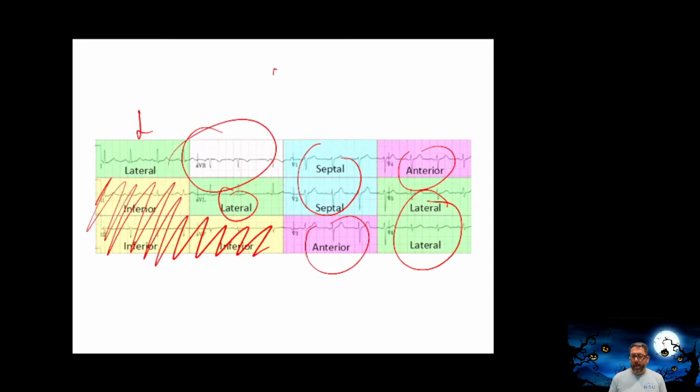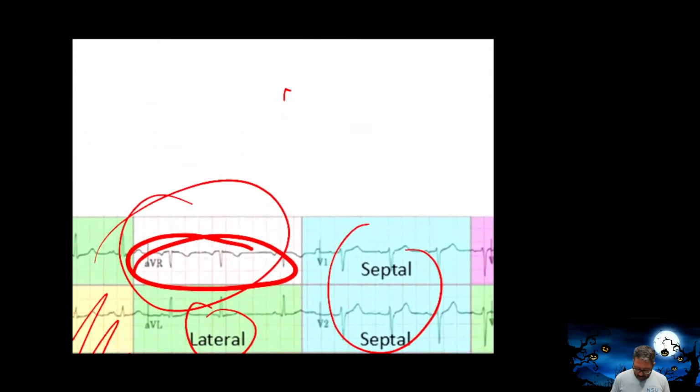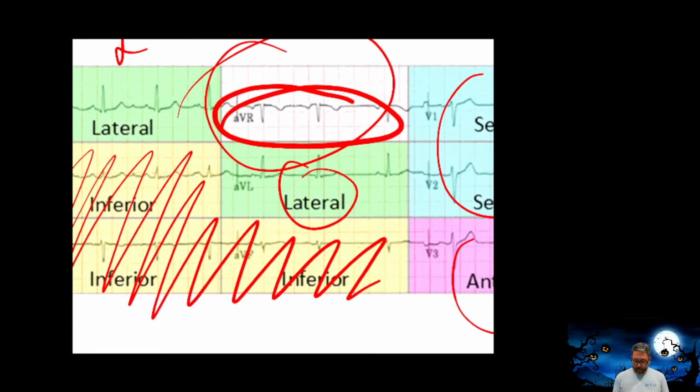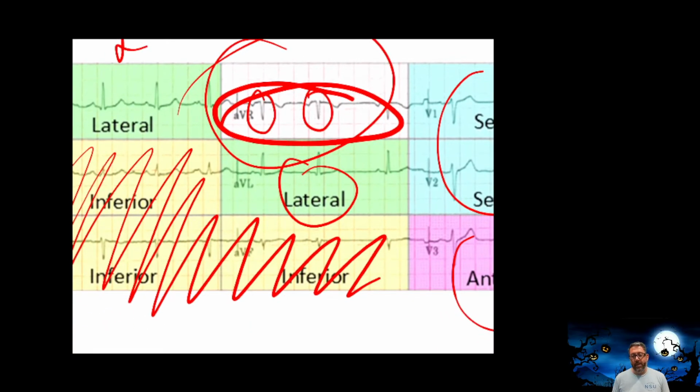AVR we never worry about, but it's a great check. AVR should always be a negative complex. Okay, always be negative. If it's not, the thing you can check, see if you mixed up your right and your left arms on your leads.